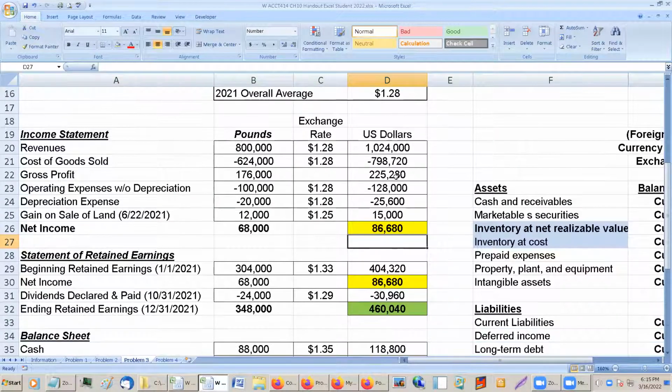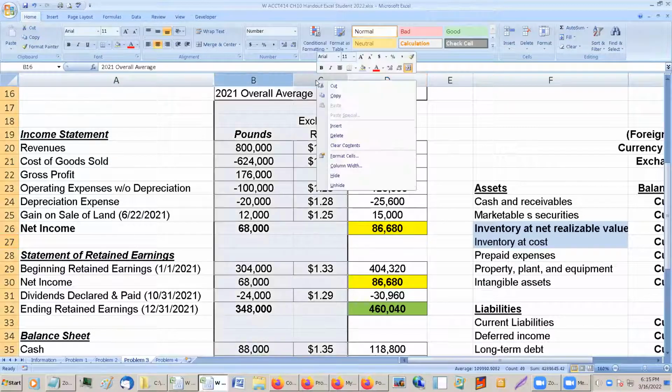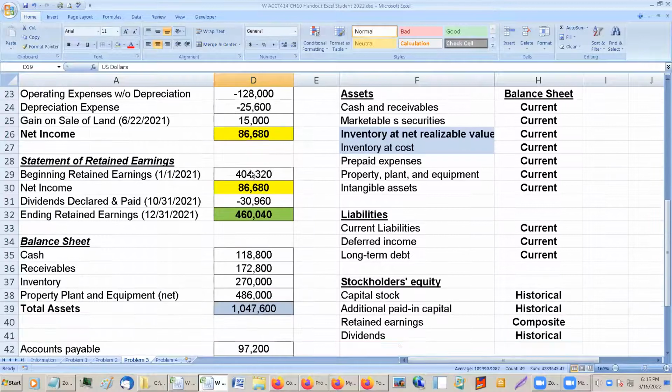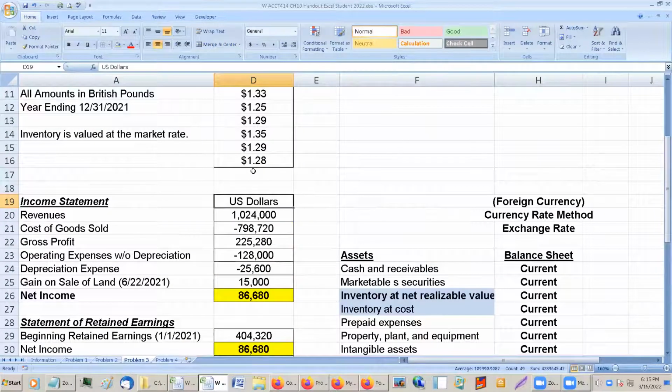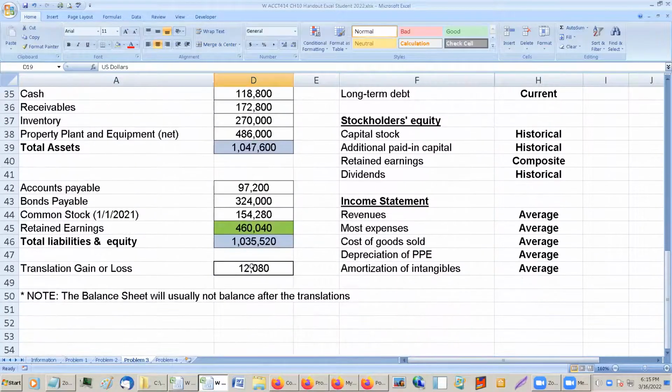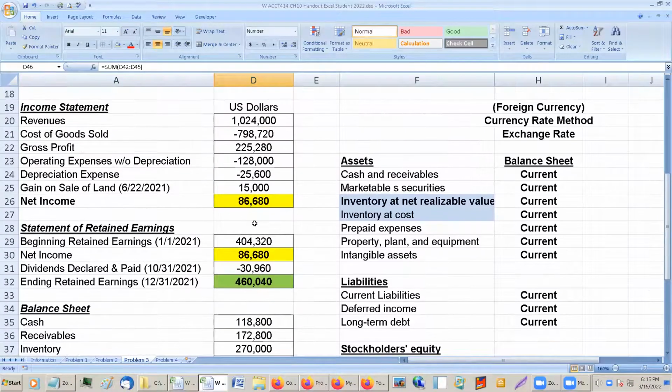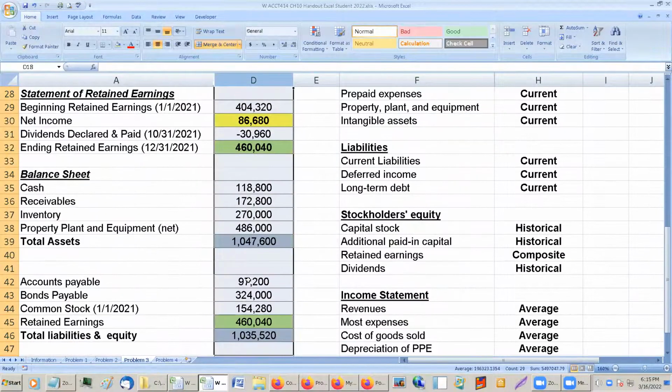And again, if you're doing a consolidation, these are the consolidating numbers for what you would have. These would be what you'd consolidate with whatever other operations you have, along with your US operations. You consolidate these totals.